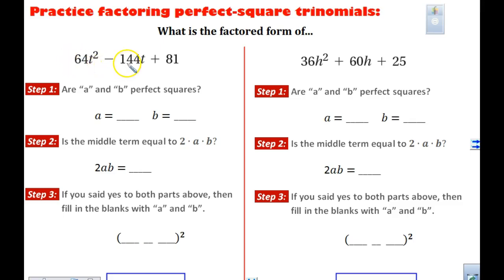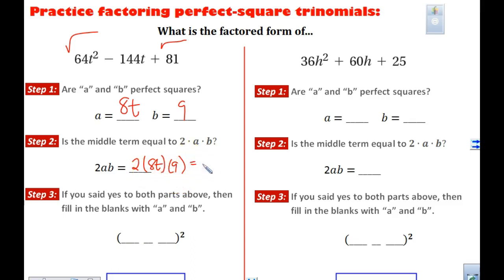64t squared minus 144t plus 81. Oh, first thing we notice, perfect square, right? So the square root of 64t squared, so a is going to be 8t. b is going to be 9. 2 times ab, so 2 times 8t times 9. 16 times 9, if you want to multiply on your calculator.